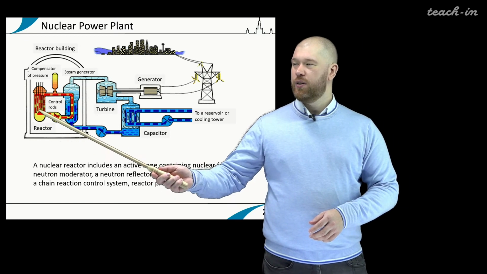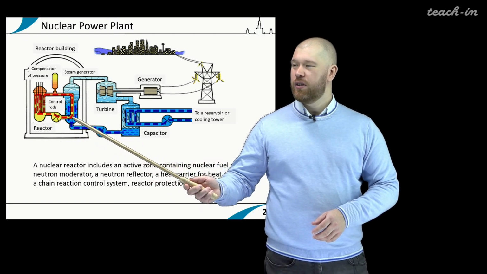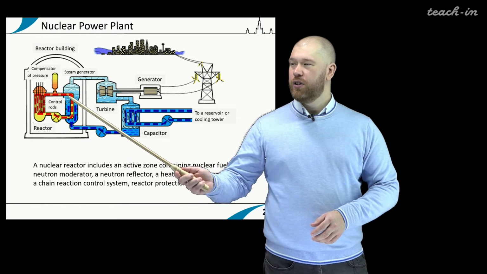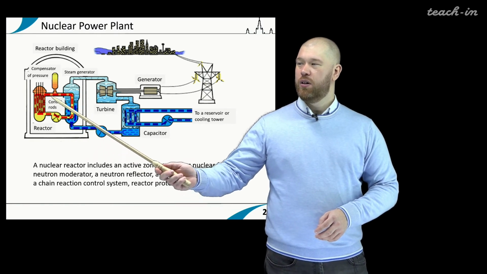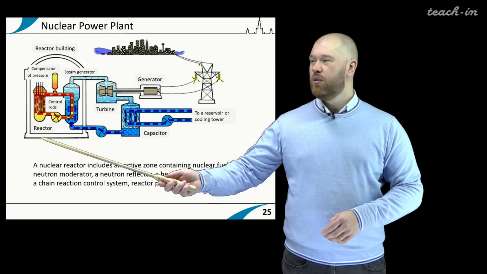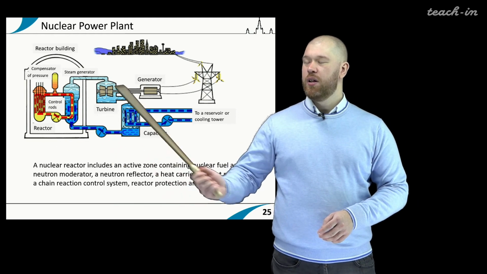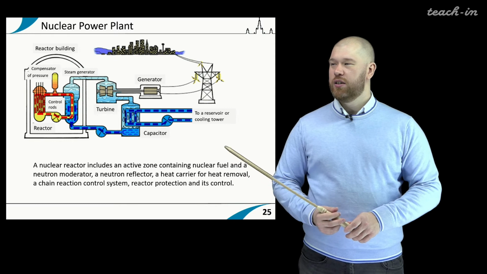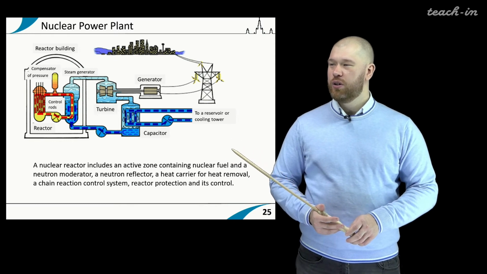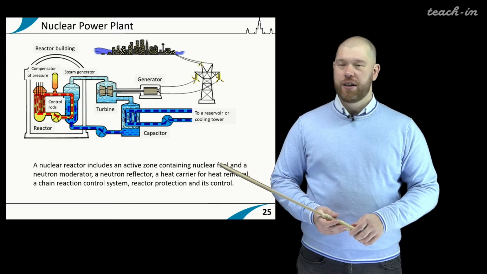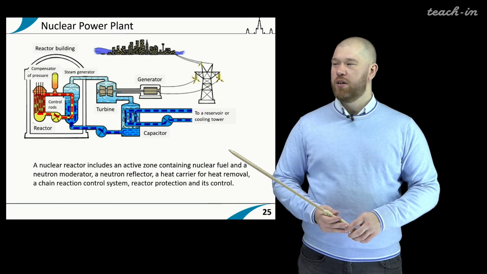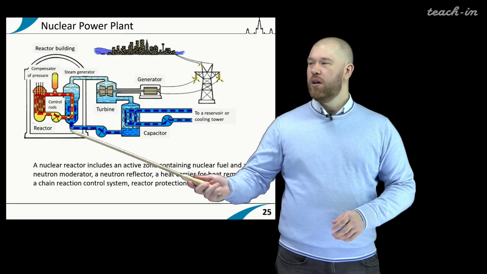Water circulates through these fuel assemblies. In modern nuclear reactors, water is used not only as a heat carrier but also as a neutron moderator.